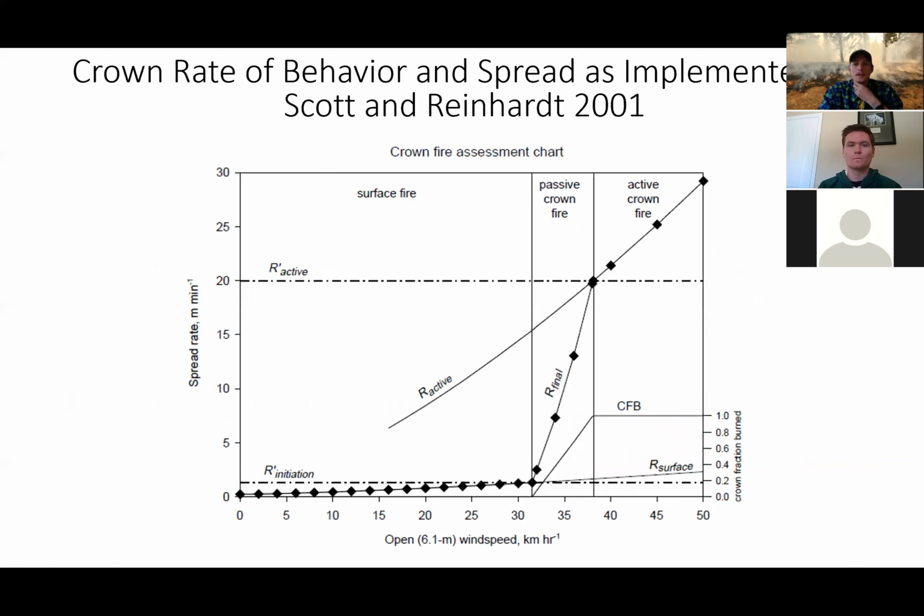Cool. And then we also have this option that we talked about at the beginning, where Scott and Reinhardt introduced this idea of passive crown fire rate of spread. That just kind of fills this gap here between surface fire and active crown fire.